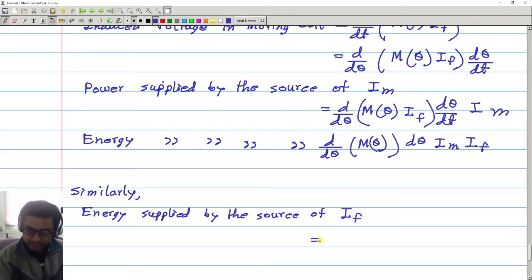How much will that be? Anyone? It's exactly the same, because you have to replace M with F and F with M. It will remain the same. Excellent. Very good.